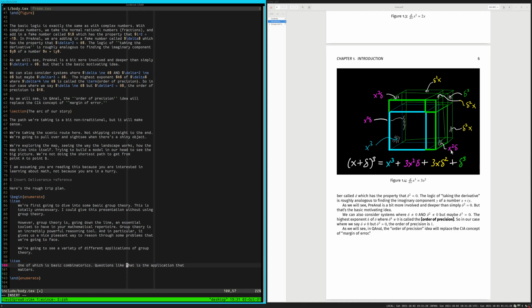We're going to use group theory to answer questions like, how many 5-card poker hands are there that contain exactly 2 aces?